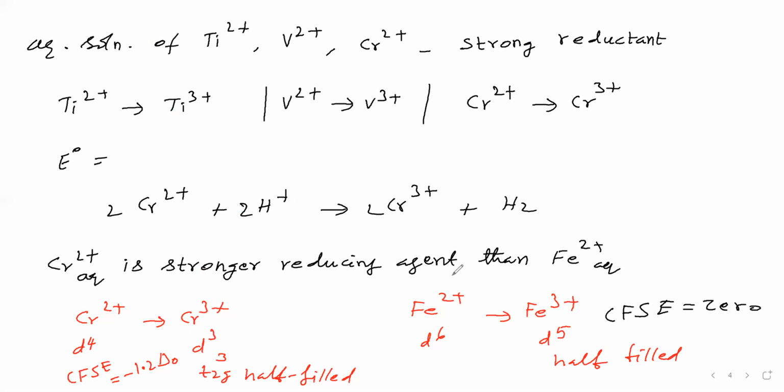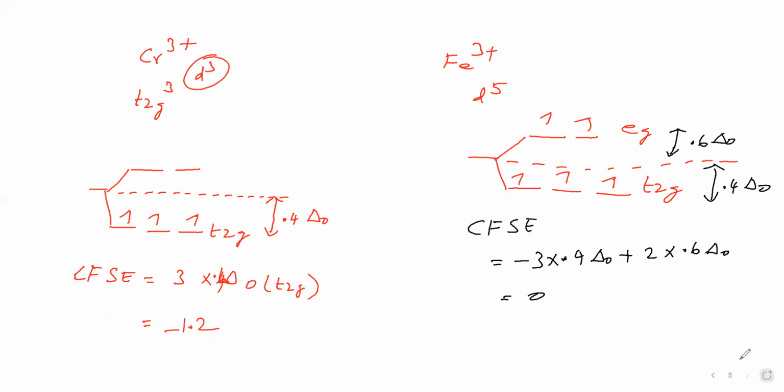Next we will talk about the stability of higher oxidation states. Now we will take halides. In the halides, fluorides stabilize higher oxidation numbers. Why?